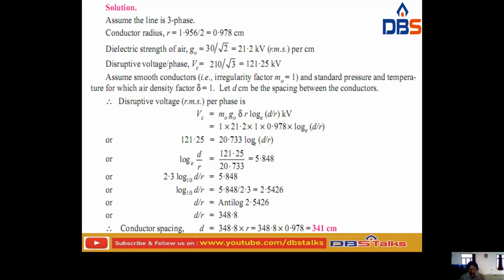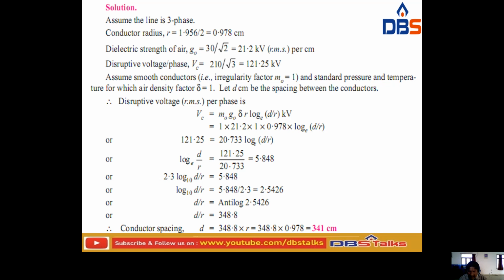Now they haven't given the irregularity factor, right? That's why we have to assume whatever it may be. For a smooth conductor it is 1. Otherwise, for a standard conductor it is 0.92, whatever it may be. But for simplification of calculation, we go for the smooth conductor. They haven't given it, so you have to take any one.